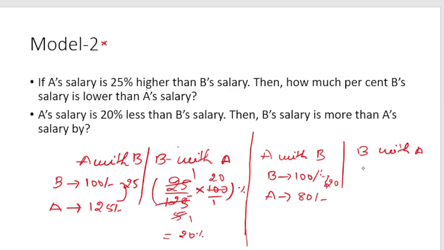So take the 20 rupees difference in the numerator and A's salary in the denominator: 20 by 80 into 100, and write the percentage symbol. Then 20 ones are 20, 20 fours are 80, 4 ones are 4, 4 twenty-fives are 100. So that is equal to 25 percentage. Okay, like this.